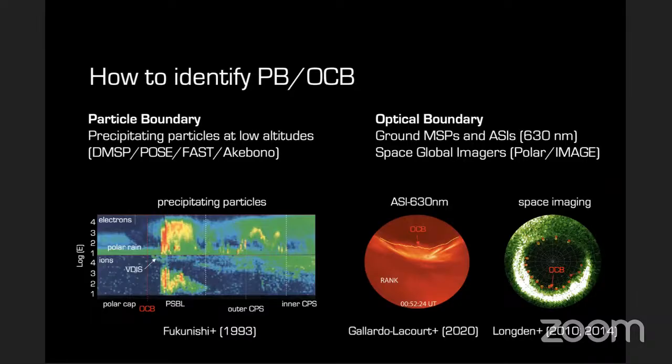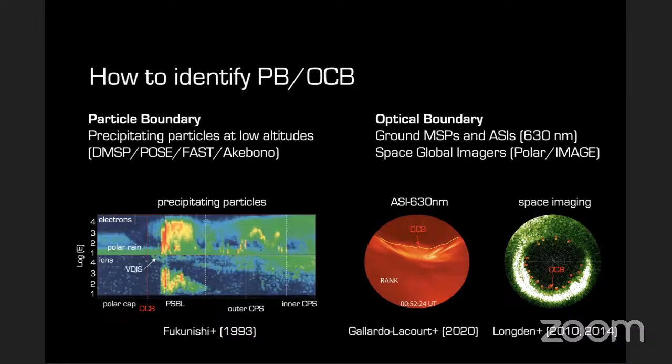Since the VDIS is usually observed near the sharp transition between the polar rain and plasma sheet electrons, the particle observation makes it possible to identify the boundary more precisely.